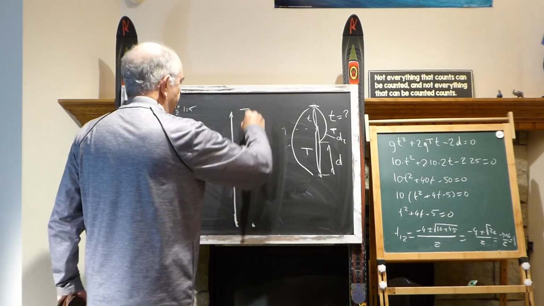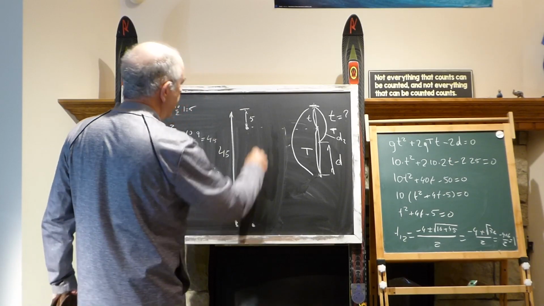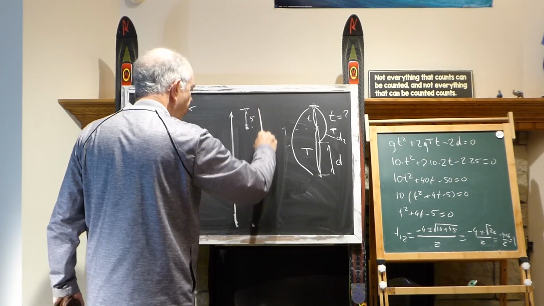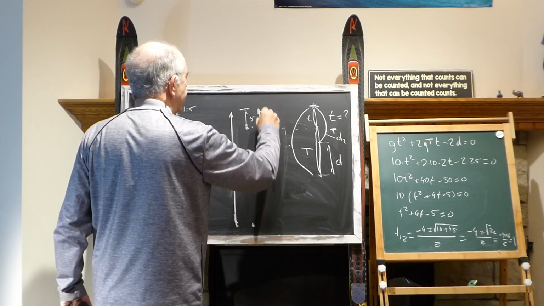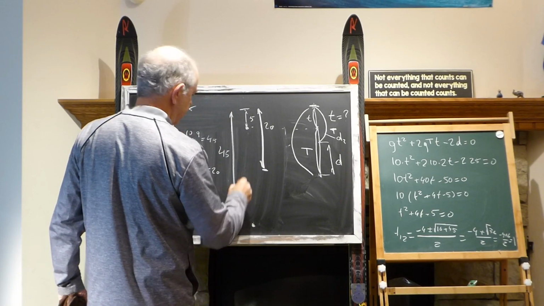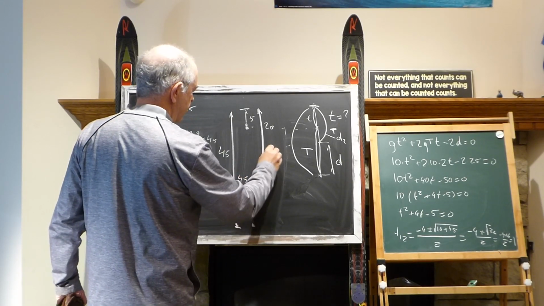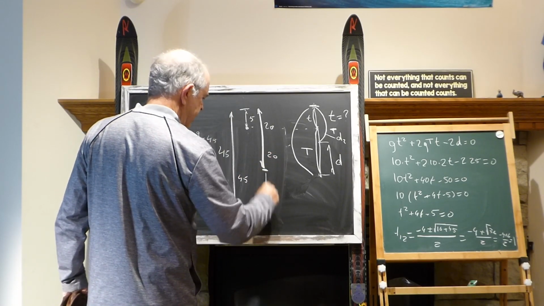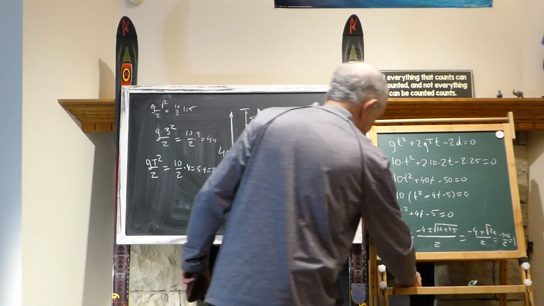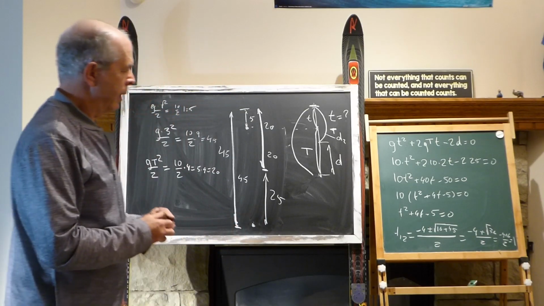So when the first drop is here, the second drop will have passed a distance of 20. The distance between them is 45 minus 20, so this distance is 25. Everything matches and we solved it correctly.